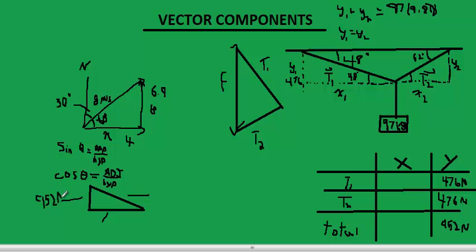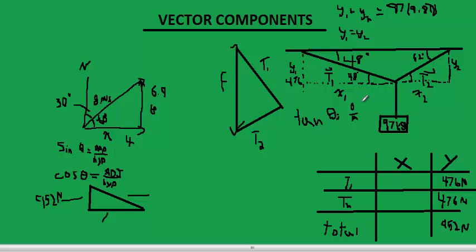Now, what we can do is use SOHCAHTOA. Tan theta equals opposite over adjacent, more specifically, to solve for our x. In this case, we know that tan of 40 degrees is equal to 476 newtons over an unknown value, which is what we're going to solve for.